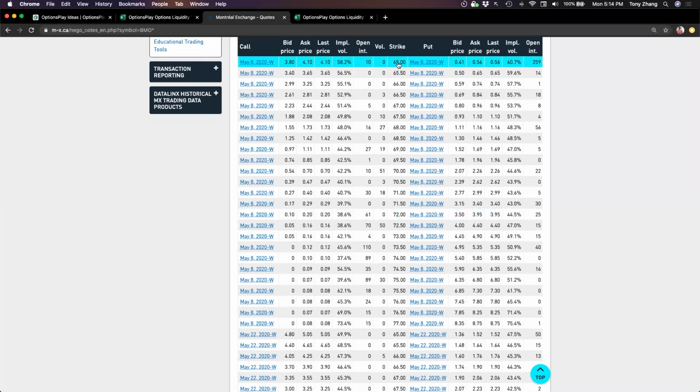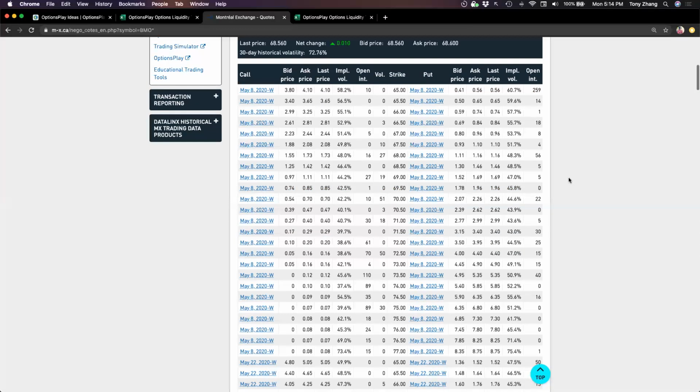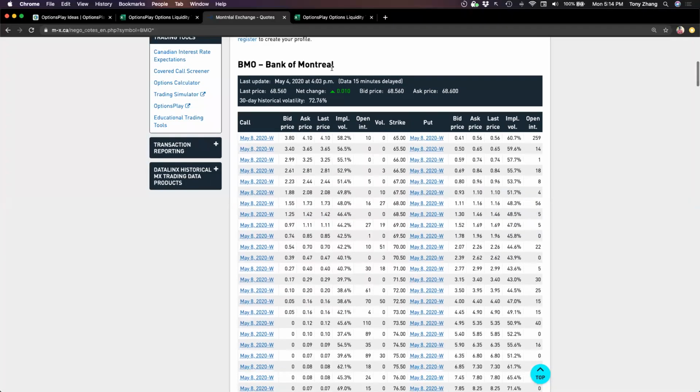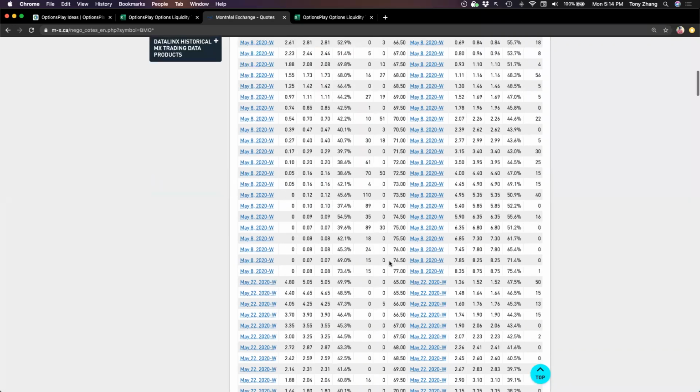I don't care if I sold you the 65 strike or the 69.5 strike, I have to buy the stock to offset my risk. The only thing that matters is how liquid the underlying stock is. As long as I can trade the underlying stock in and out, it doesn't matter to me as a market maker which strike I sell. So again, I hope that makes sense. If you see that there's lots of open interest on the option chain, don't be afraid to trade a contract that has zero open interest.